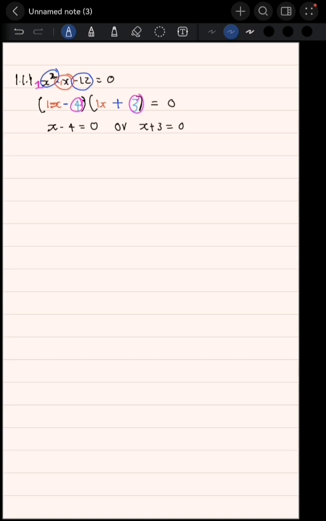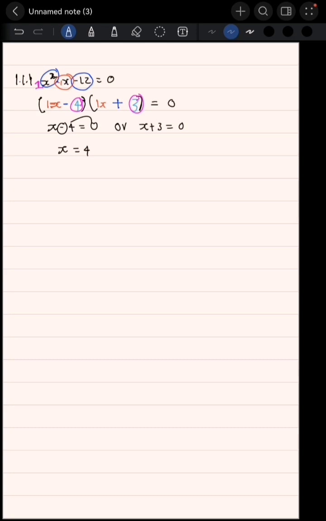We are going to transpose the number minus 4 to the right hand side. So when we transpose, we are taking this number to the side. So when we take this number to the side, its sign changes. So this will be x is equals to 4.